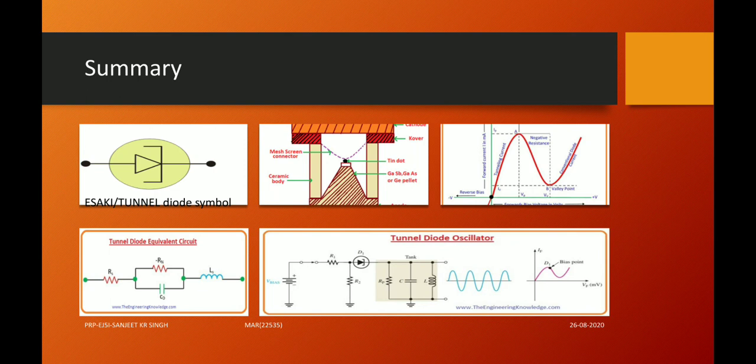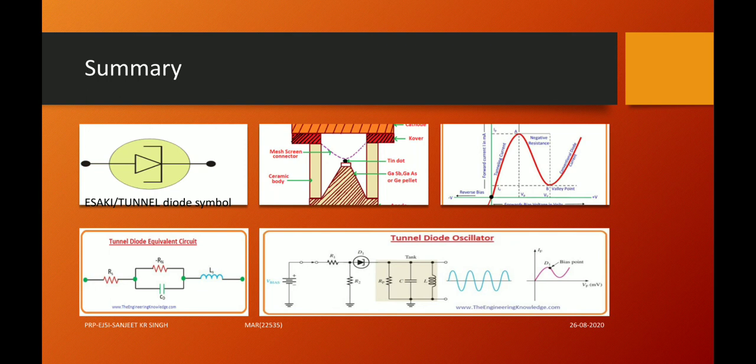Then we saw the construction diagram consisting of a tiny dot of 50 micrometer in diameter, and there is a mesh screen connector connecting the anode to cathode, and the anode and cathode are made of copper, and the anode structure is also acting as a heat sink for dissipating the heat generated.